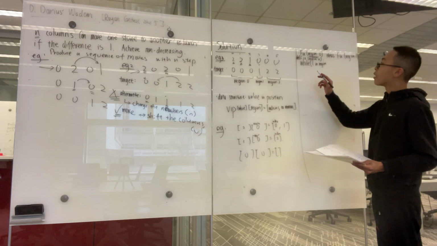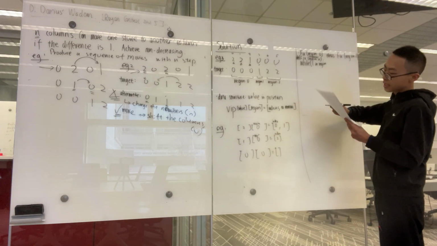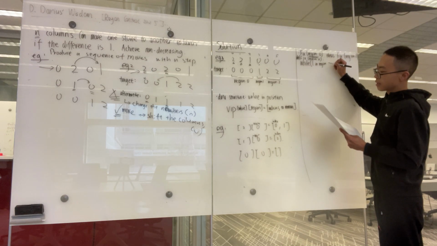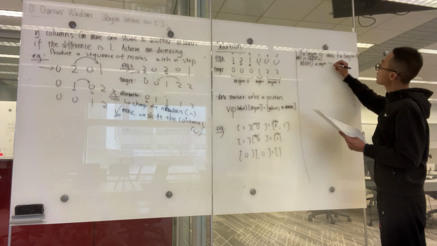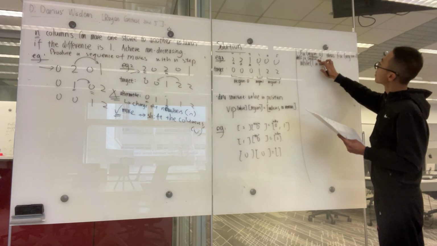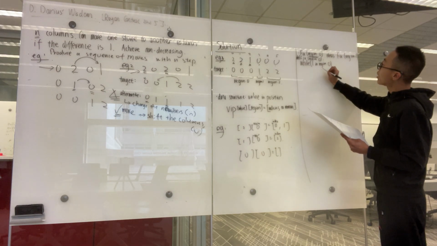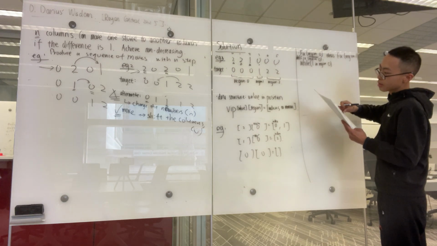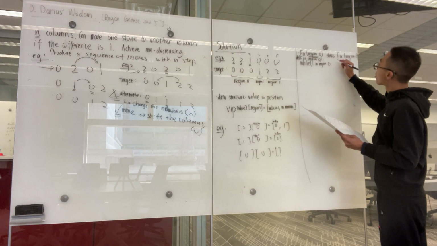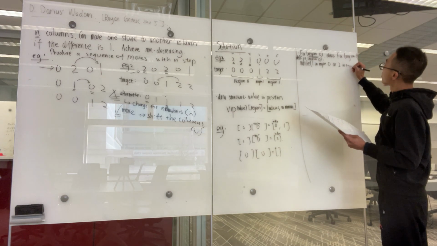So while 1 in region X, let's just use region 0 in this case. Fix region 0. So while 1 in the region 0 or 2 in region 0.